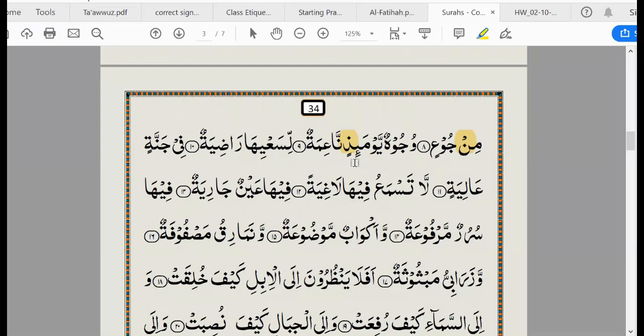So na'ima, not na'ima with noon. Okay, can you recite again? Starting from wujuh. وجوه يومئذ ناعمة. Okay. Jazakallah. And the last verse.